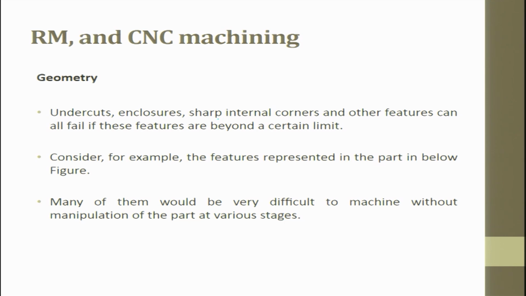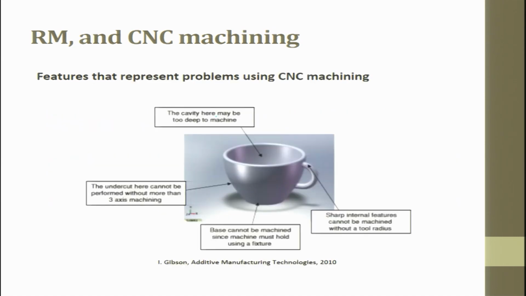Undercuts, enclosures, sharp internal features or other features all fail to be created in CNC machines. Consider, for example, a feature representing in the part in the below figure. Next slide we will see. Many of them would be very difficult to machine without manipulation of the part at various stages. Okay. The cavity here may be too deep to machine. The undercut here cannot be performed without more than 3 axis machines.